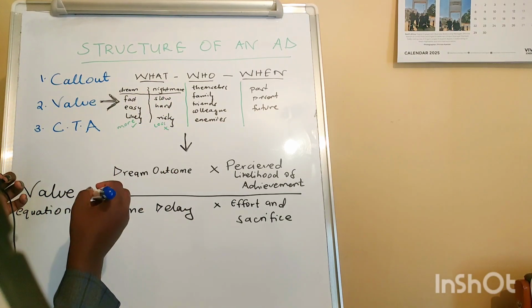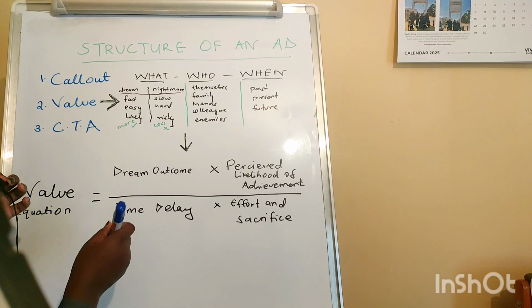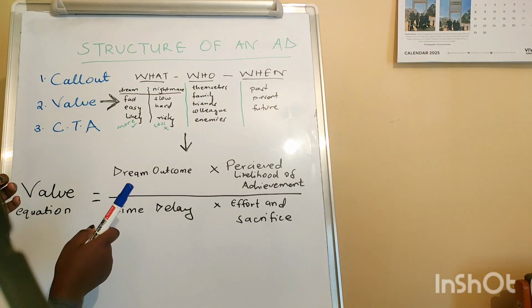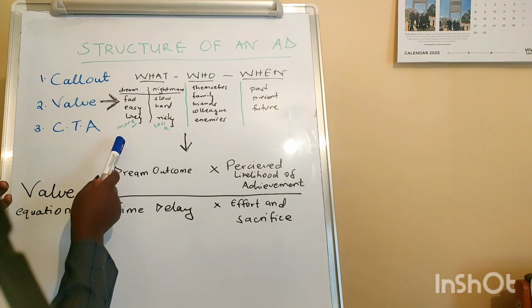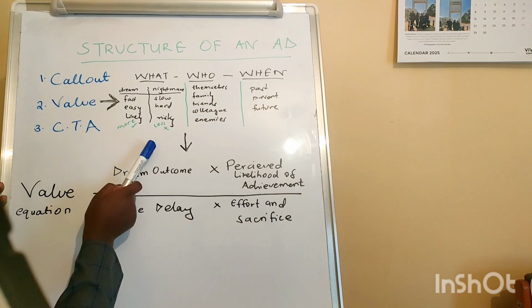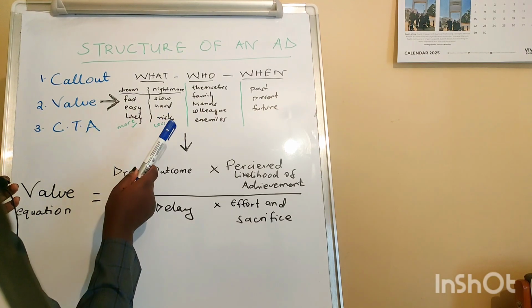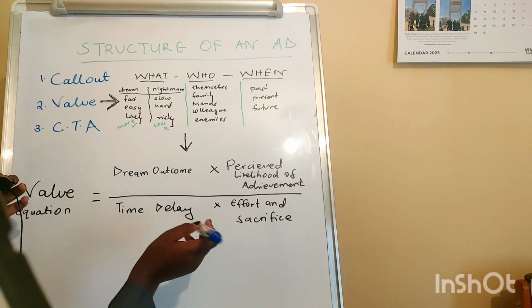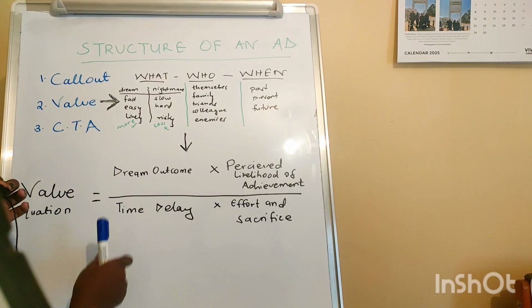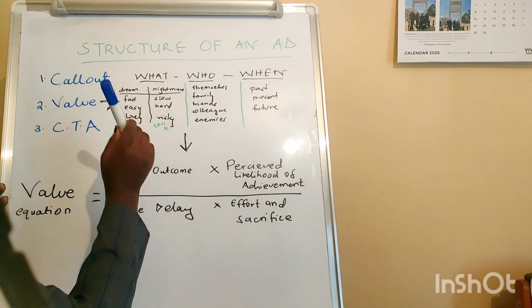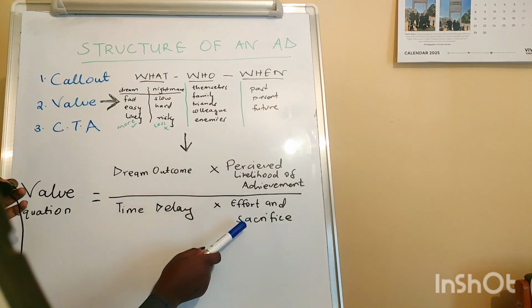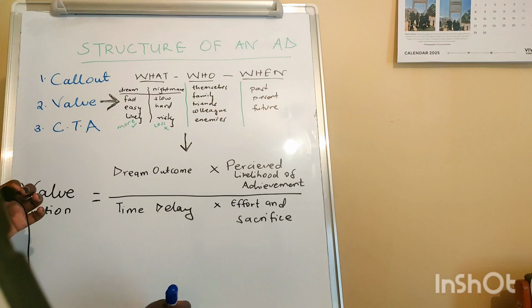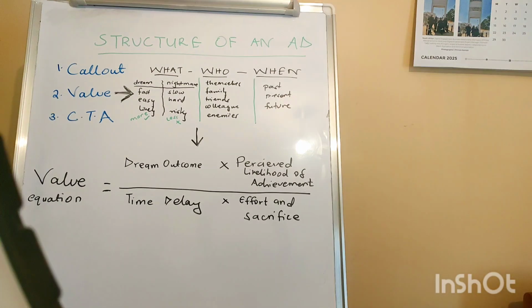So when you're writing the value piece of your ad, you have to make sure that you're delivering your service, your offer, in such a way that it seems like you're delivering more of the good stuff and less of the bad stuff. Okay, so in order to do this right, let's start with each piece of the value equation and see how you can write it out.